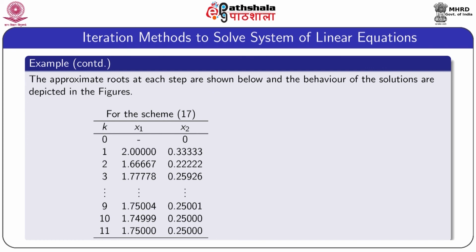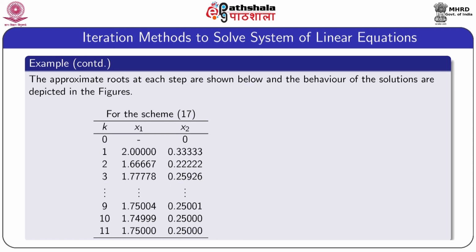So, for these two iteration schemes we obtain two tables of values. For the first iteration scheme, that means the iteration scheme for equation 17, note that it converges to a root, and we have seen that the 10th and 11th iterations give almost the same solution for the variables x1 and x2.